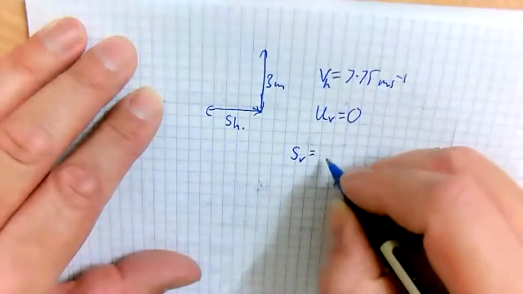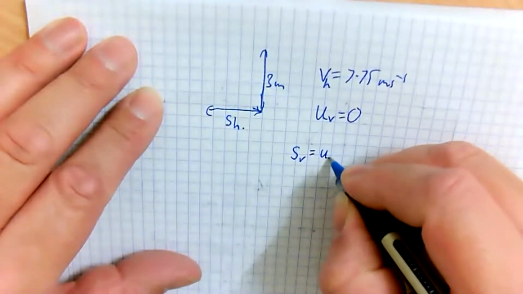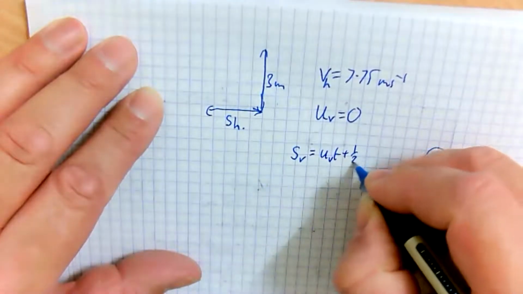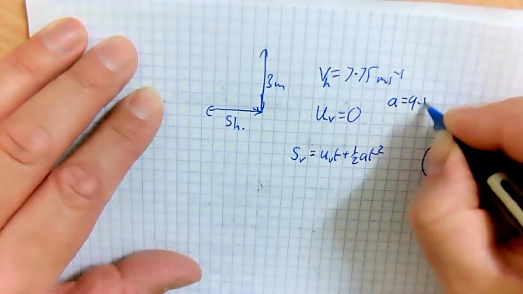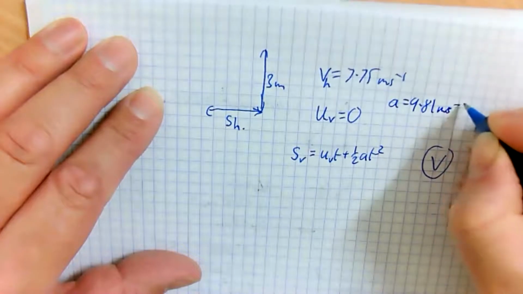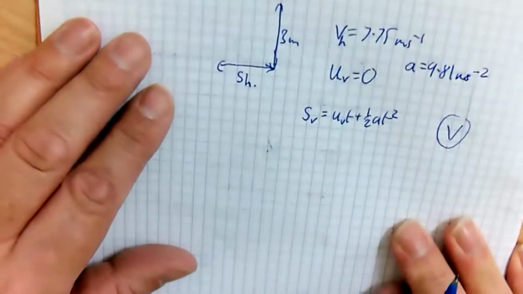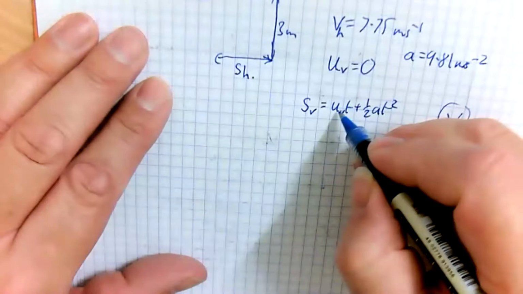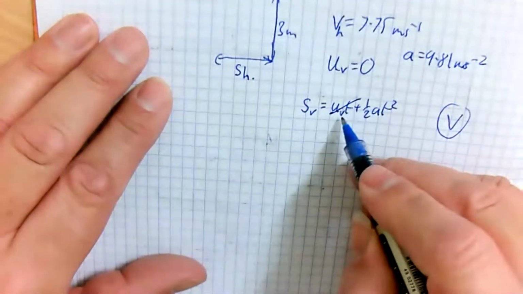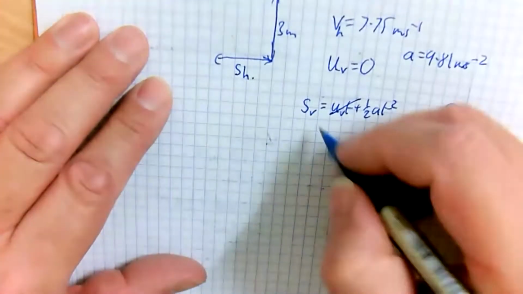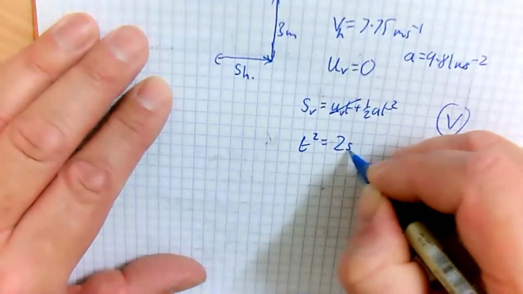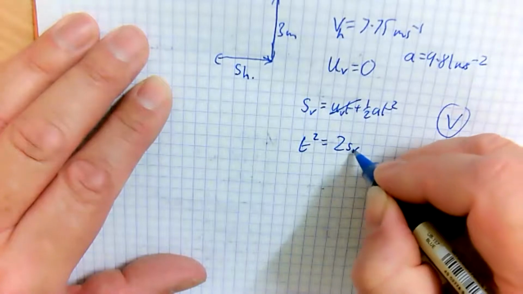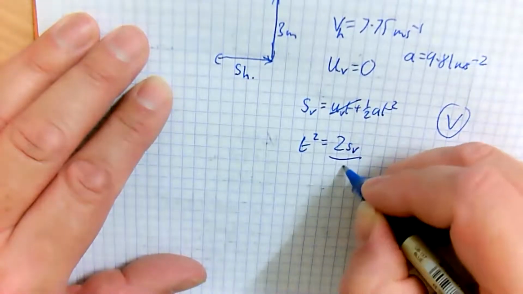Vertical distance is ut plus a half at squared. We know acceleration is 9.81 meters per second squared. That first bit disappears again because there's no initial vertical velocity. So we want to work out the time. t squared is 2 times the vertical distance over the acceleration.